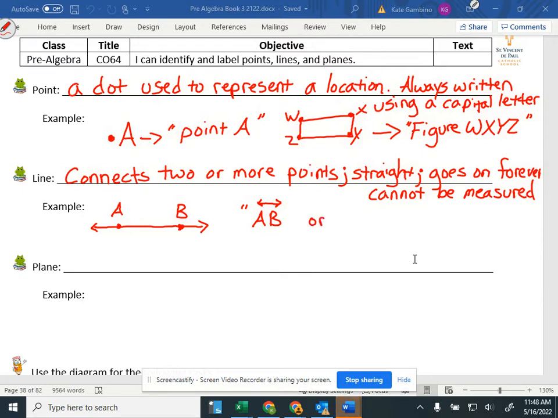Or we could call it line BA. It doesn't matter which letter we put first. We could also put an L here to say it's a line. So we could call it line L because there's that L there showing that it's a line.